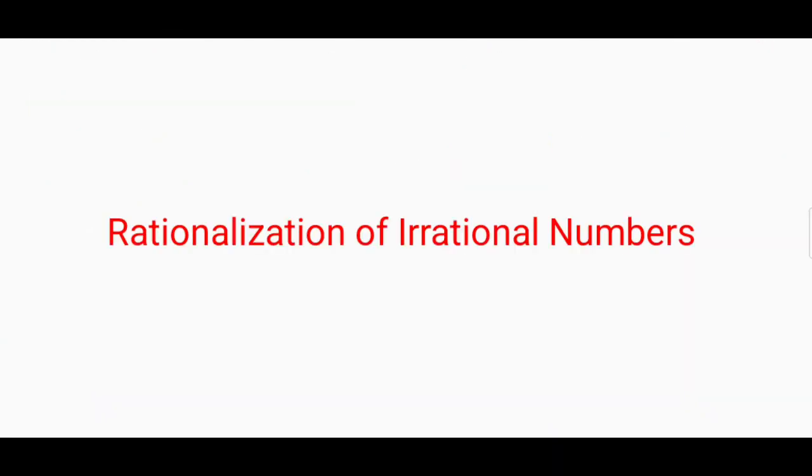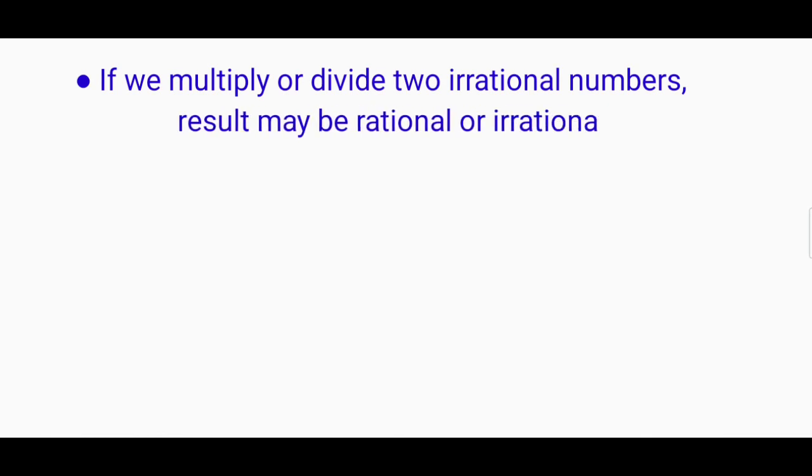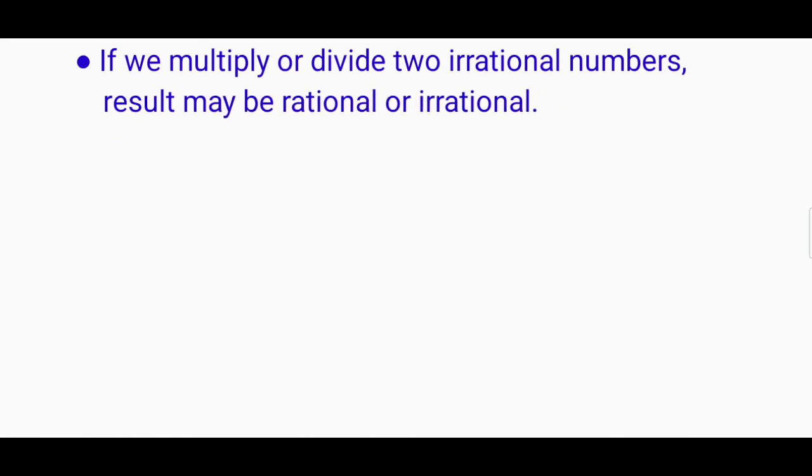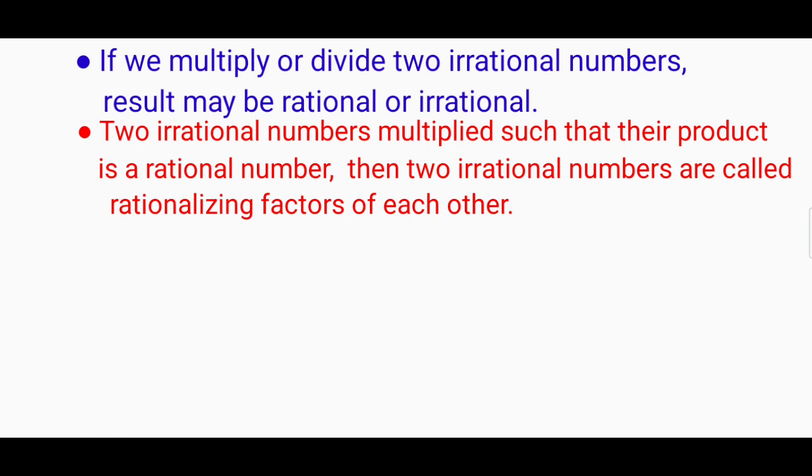Now let's discuss rationalization of irrational numbers. We know when we multiply or divide two irrational numbers, the result may be rational or irrational. But when two irrational numbers are multiplied together such that their product is a rational number, then these two irrational numbers are called rationalizing factors of each other.